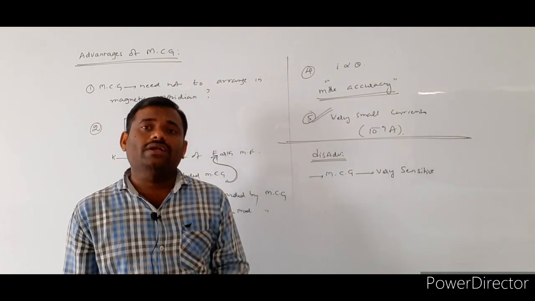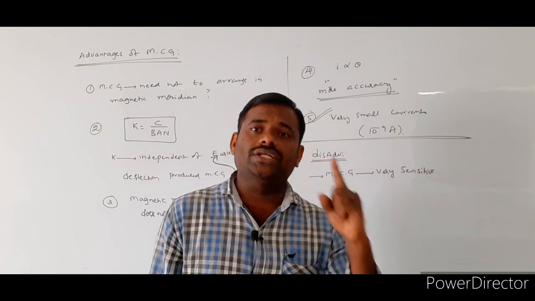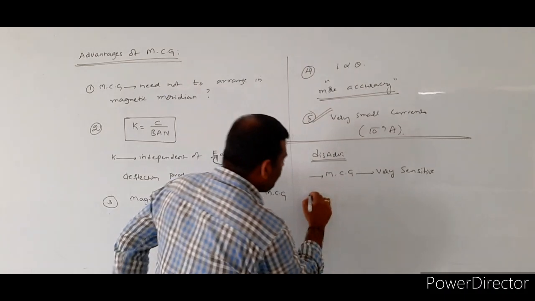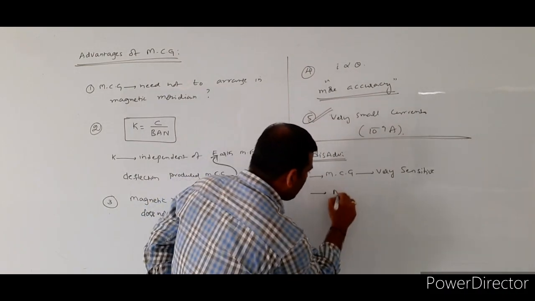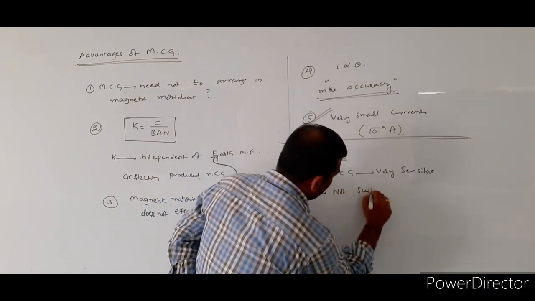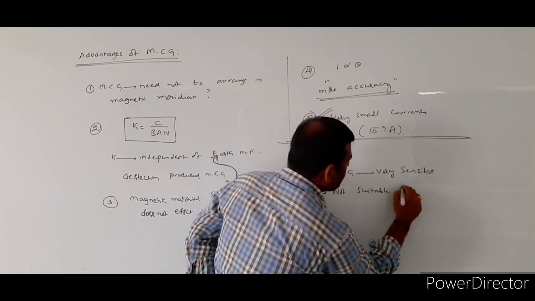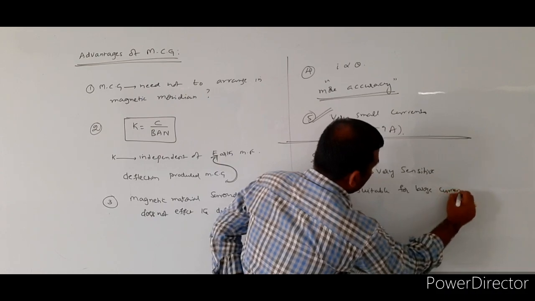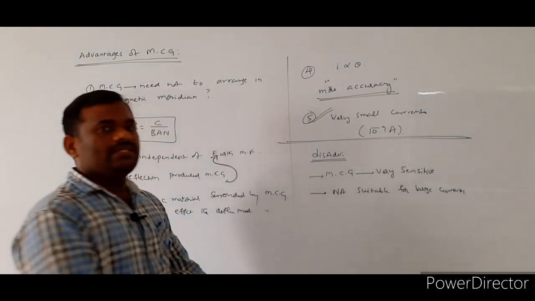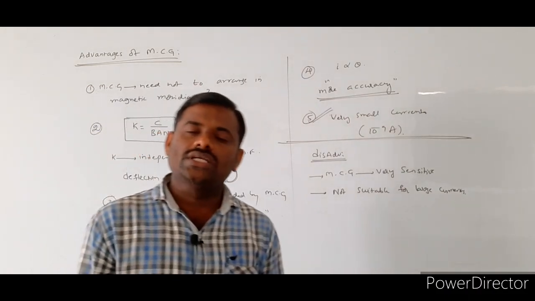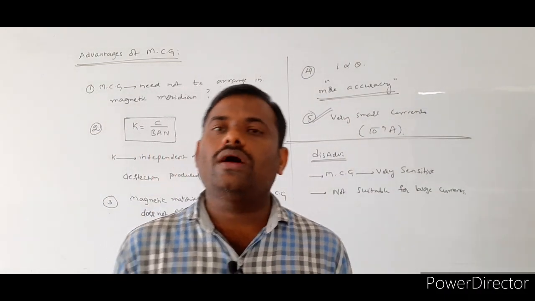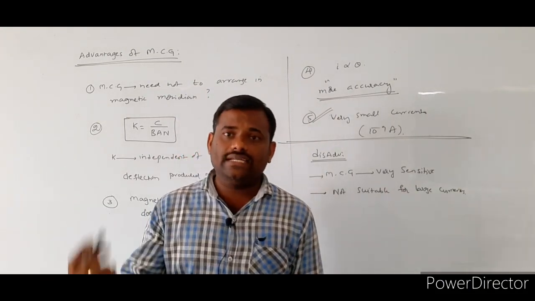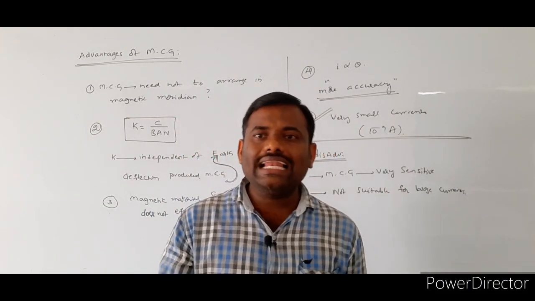The galvanometer will get damaged. So the moving coil galvanometer is not suitable for large currents. This is the main disadvantage of the moving coil galvanometer. So this is about the advantages and disadvantages of the moving coil galvanometer.